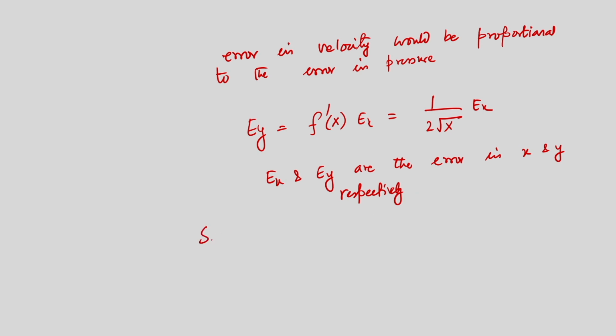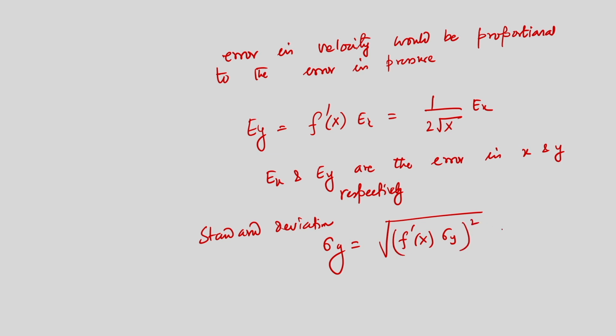And the standard deviation of y, that is sigma y, will be equal to f dash x into sigma x, that is 1 upon 2 root x into the standard deviation of x, that is sigma x. So, the standard deviation of y can also be related to the standard deviation of x with this relationship.